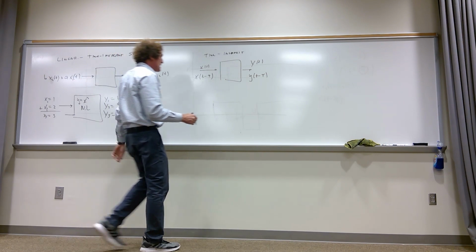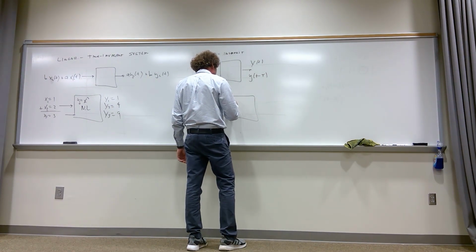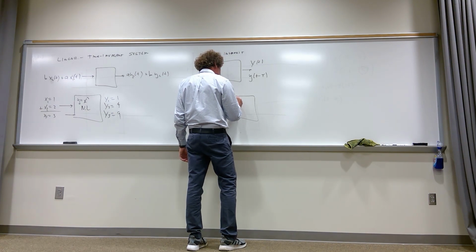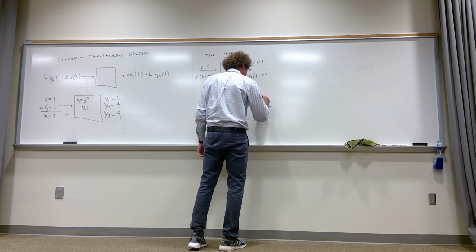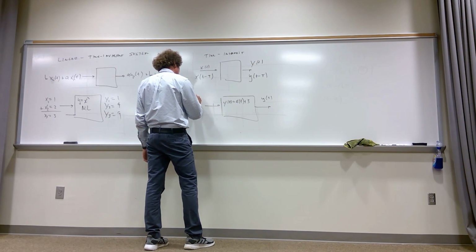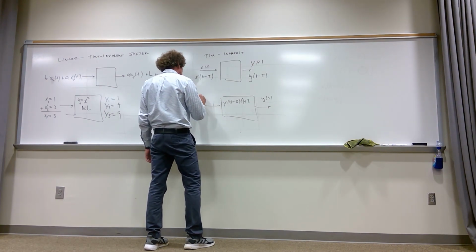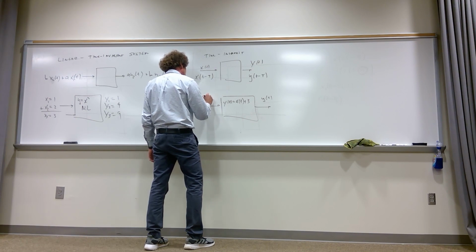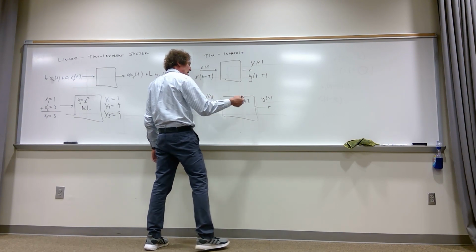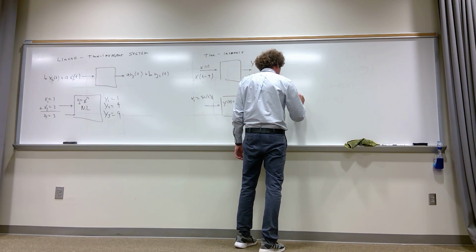If I say my system operation here is y of t is equal to the input x of t plus 3. So that's y of t. So if I put x of t going in, x1, as simply, say, sine t, my output, y of t, would be sine t plus 3.